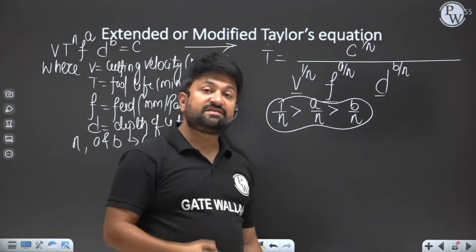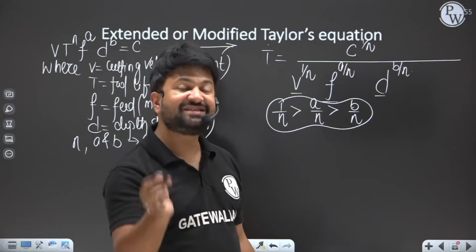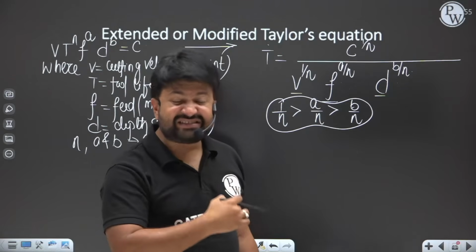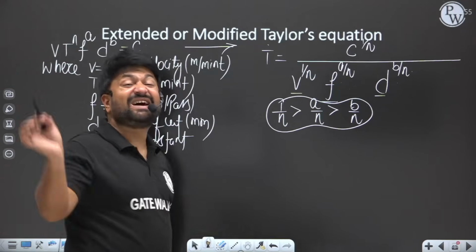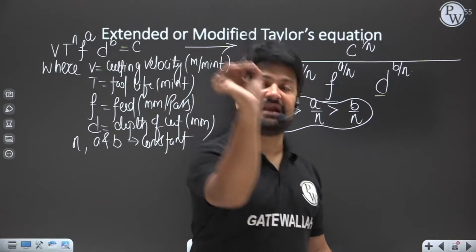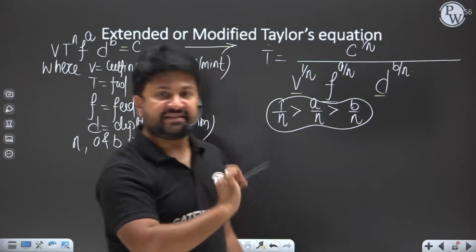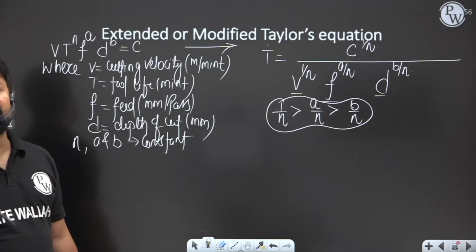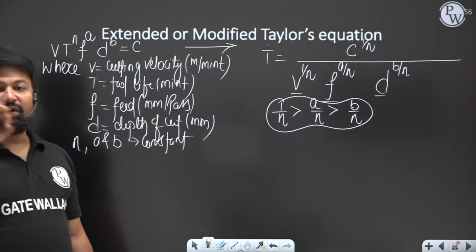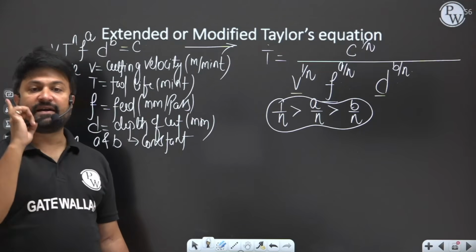If you change depth of cut by the same amount, it will affect the tool life very little. Hence velocity affects the tool life more, followed by feed and depth of cut.